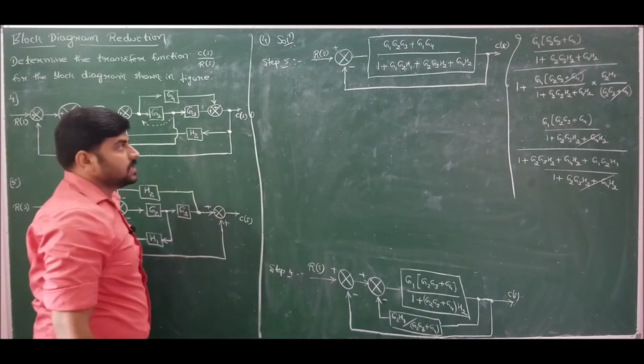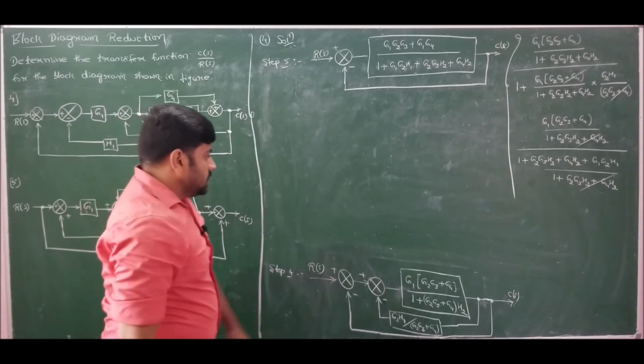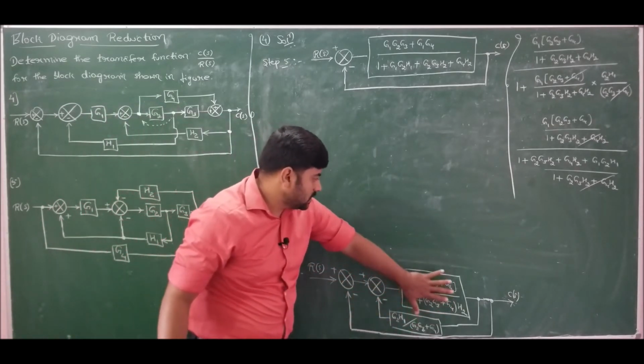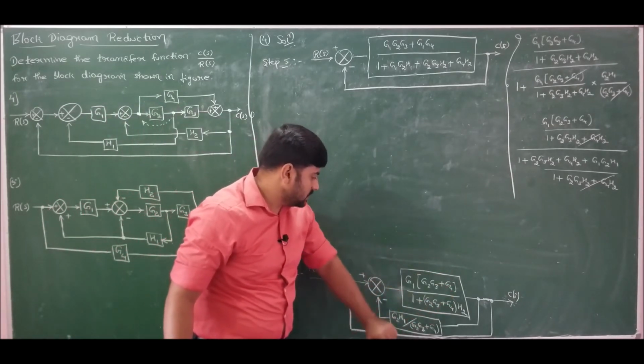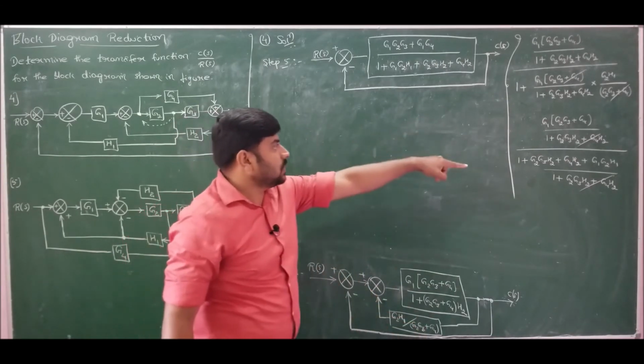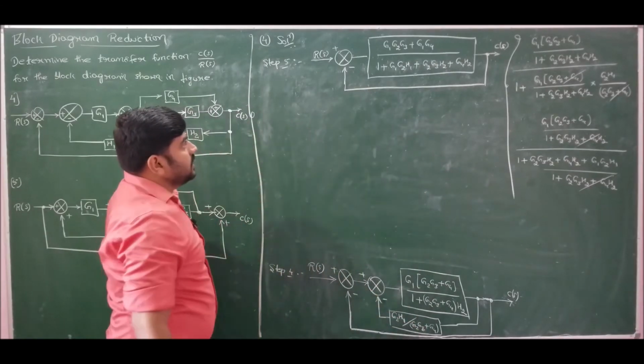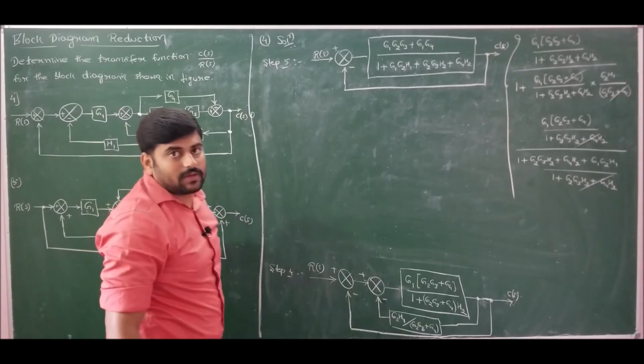Hope you clearly understood. That is, I closed this loop, G of S divided by 1 plus G of S into H of S. That is what I have done and simplified. So this is the final canonical form of the given block diagram.